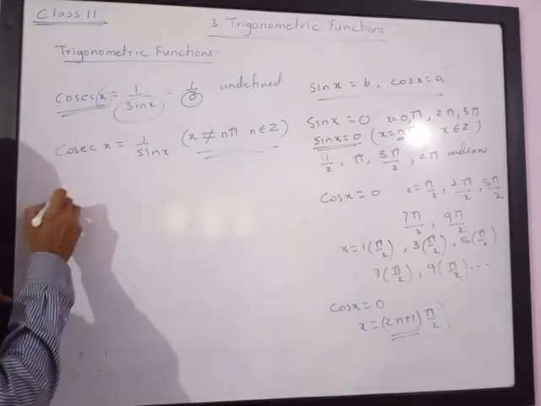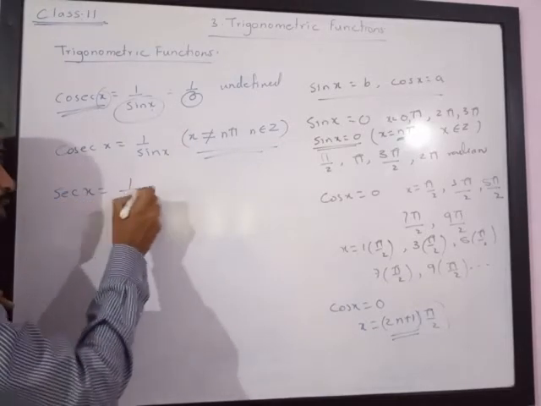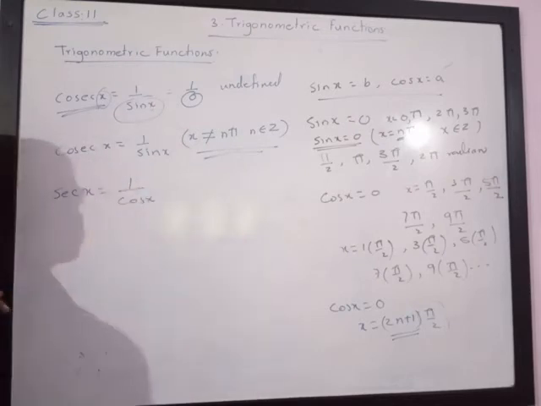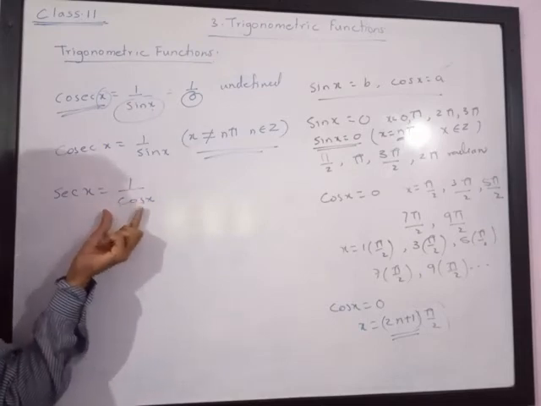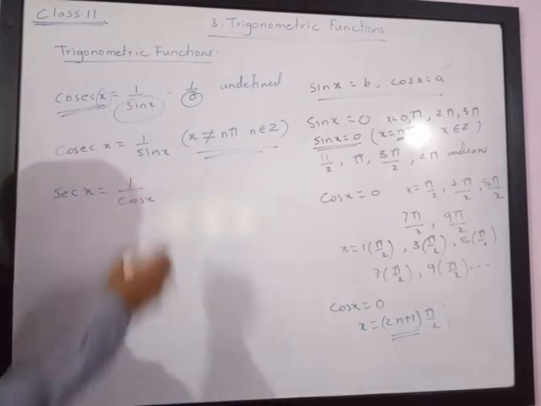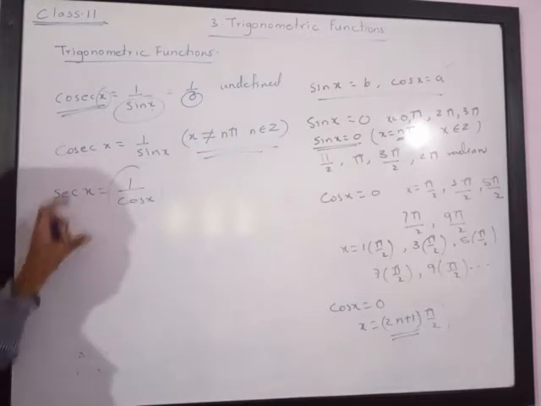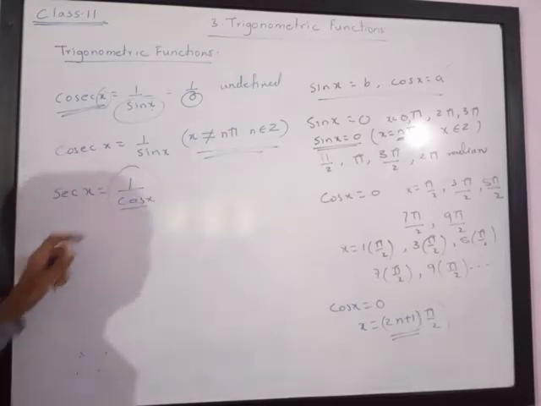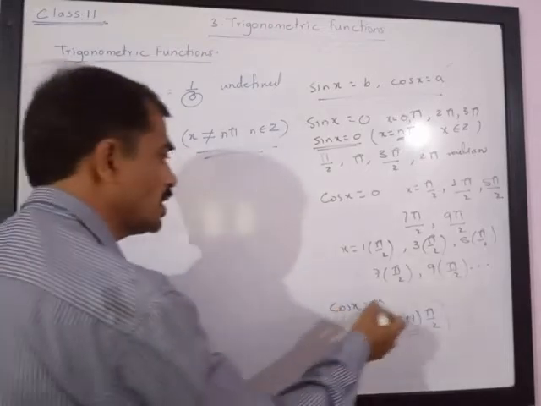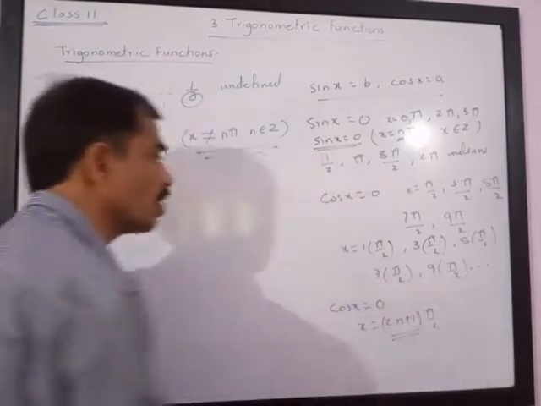Now next is sec x. Sec x is equal to 1 upon cos x. So again, if cos x becomes 0, the denominator of the fraction becomes 0, and then this value becomes undefined. It means the denominator must not be 0, so cos x must not be 0, and we know that cos x is equal to 0 for odd multiples of pi by 2.